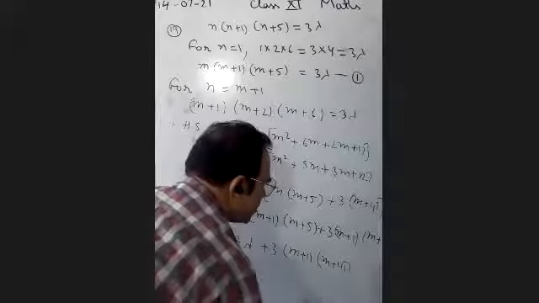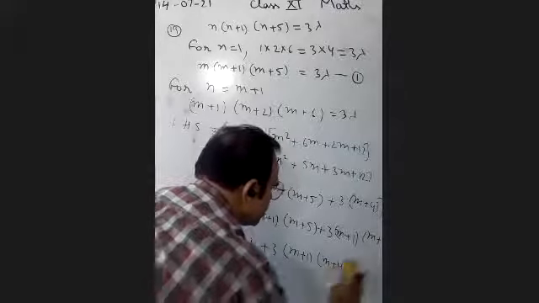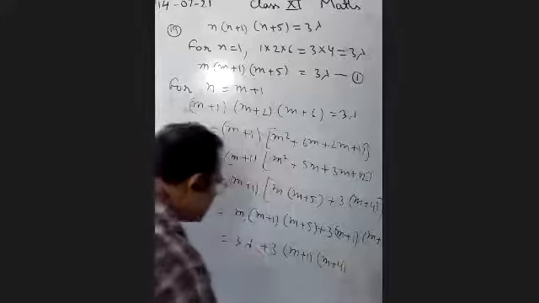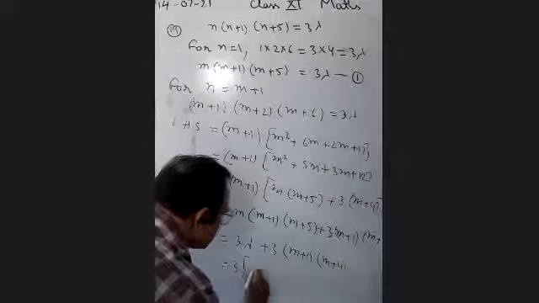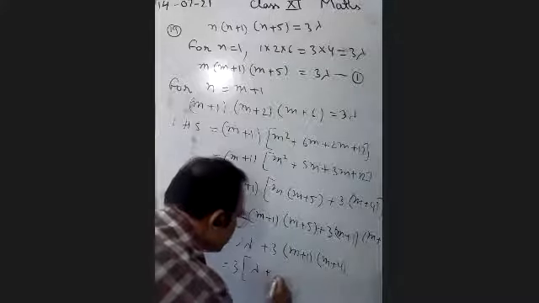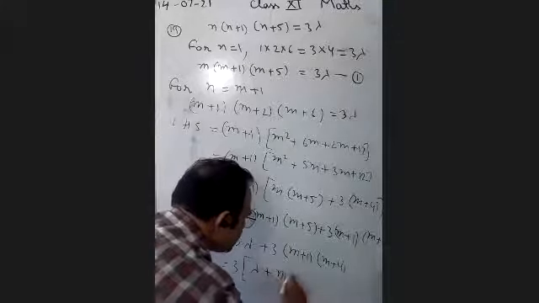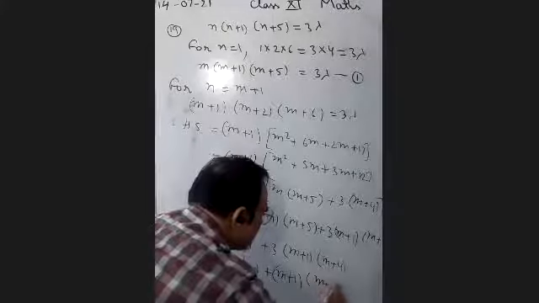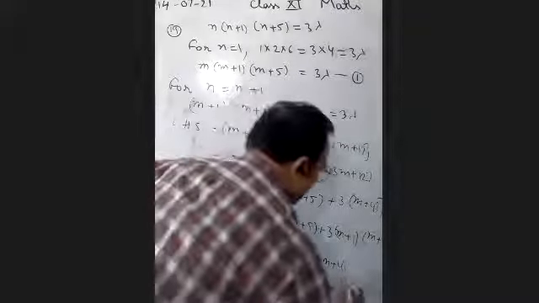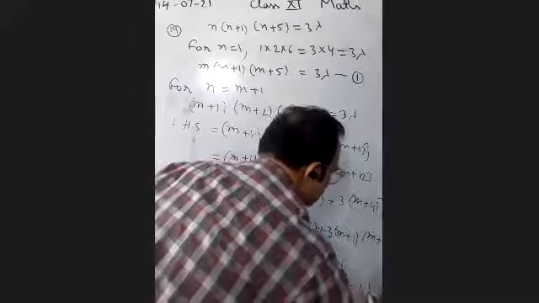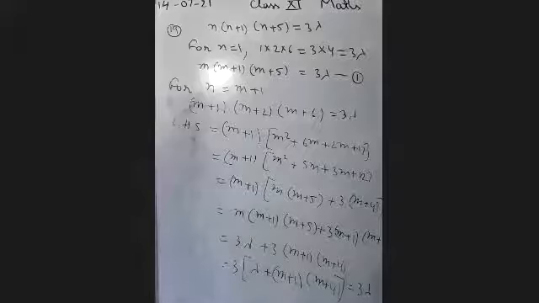So you are seeing here, we are getting 3 as a common factor. यानी कि if we take 3 common, so 3 into (lambda + (m + 1)(m + 4)). यानी कि it is a multiple of 3. 3 we are getting common. It is a multiple of 3, यानी कि it is also in the form of 3 into lambda.